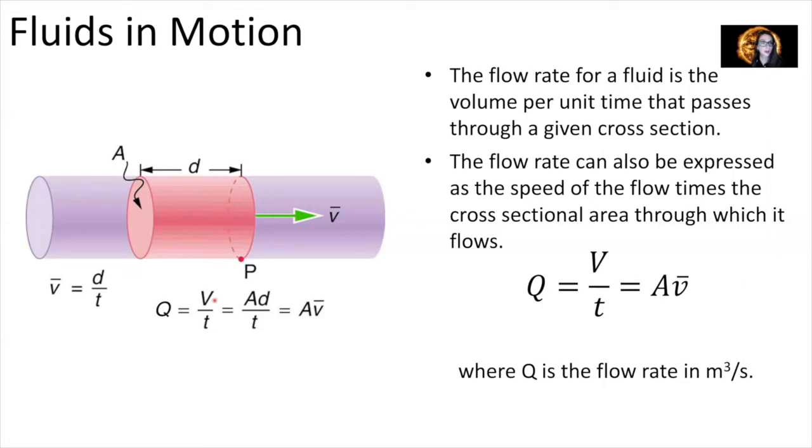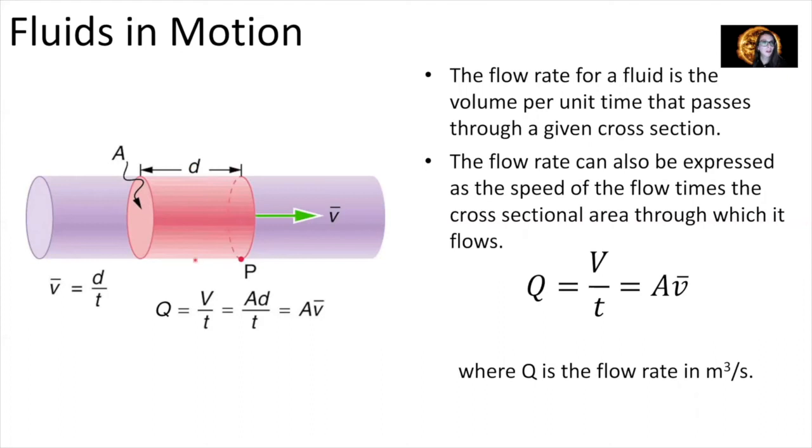So Q is our volume that passes through this cross-section right here per time, the volume of a fluid per unit time that passes through this cross-section, okay? Now we can write volume of this kind of cylindrical shape here as the cross section of the cylinder, A, times the length, some unit length we'll call D.